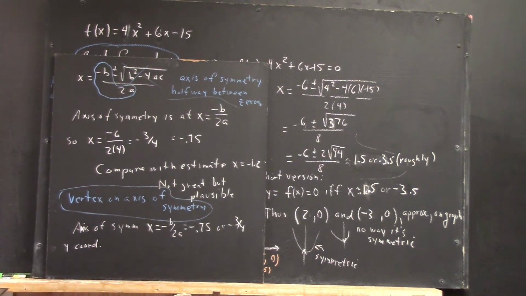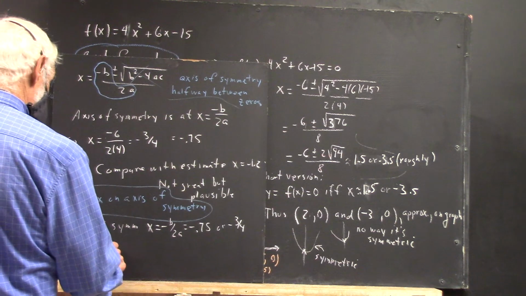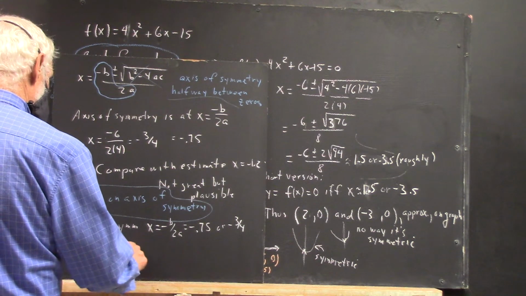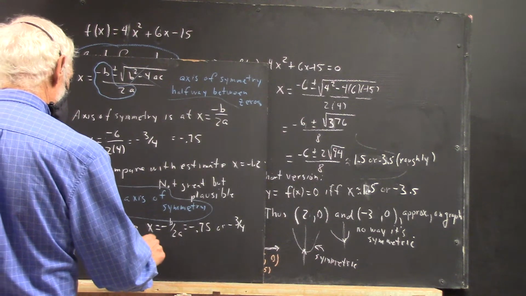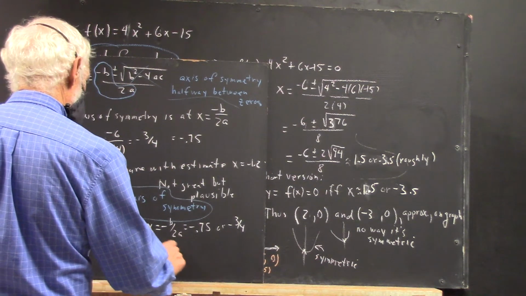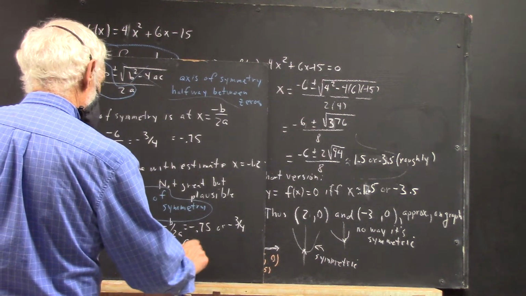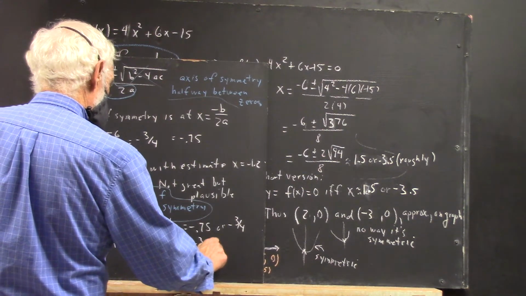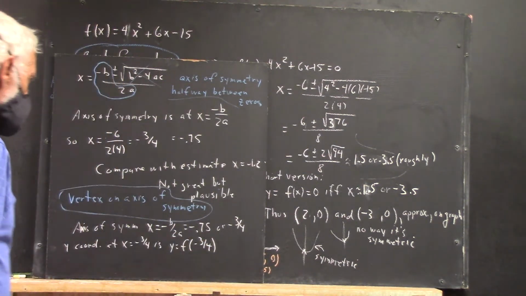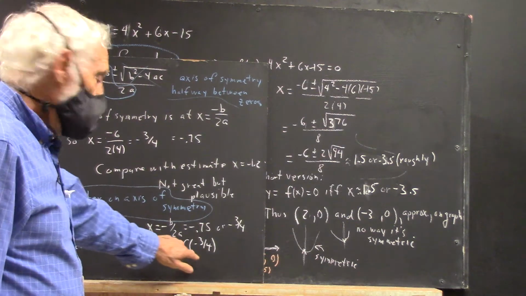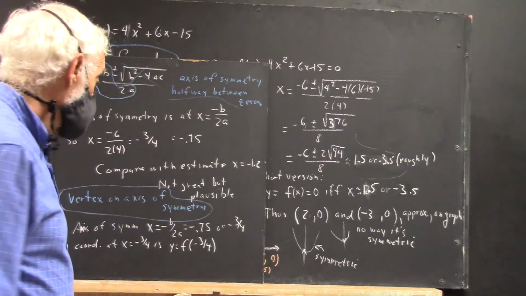Y coordinate is when y equals f of negative 3/4.